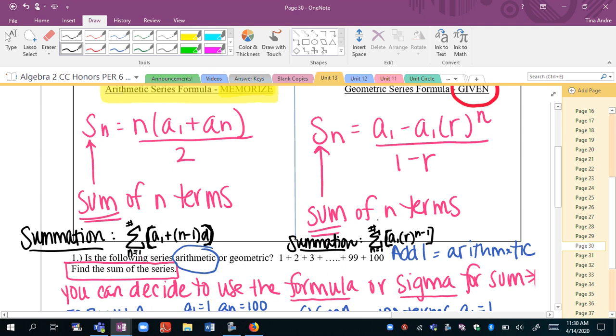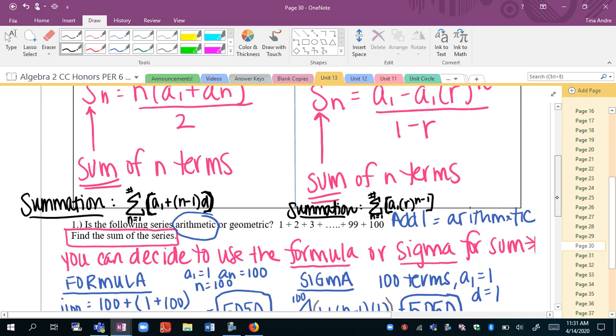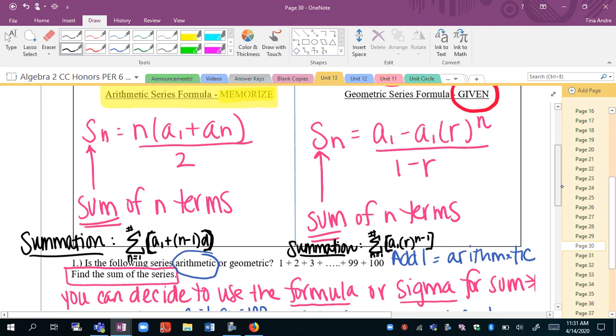The summation of a geometric sequence, meaning you're adding up the geometric sequence terms, creating a series, is the same thing as using the sum formula for geometric series. Same thing for arithmetic. So that's the most important thing here: to know that you do have a choice whenever you're finding the sum.